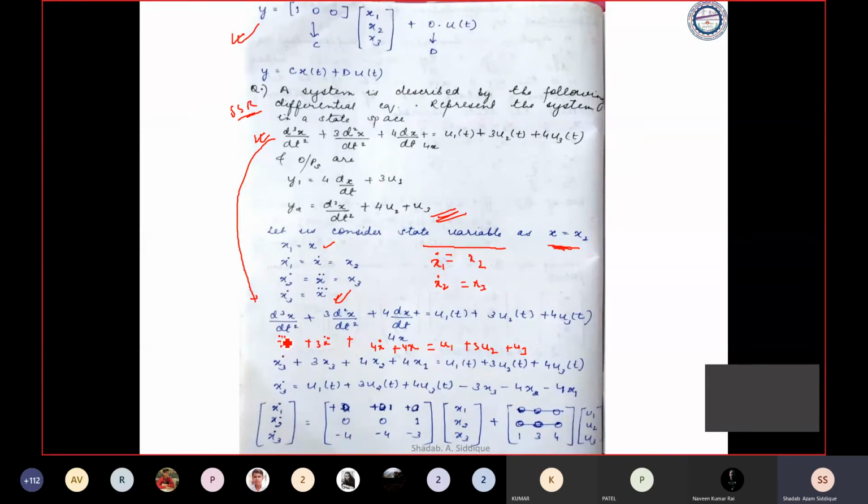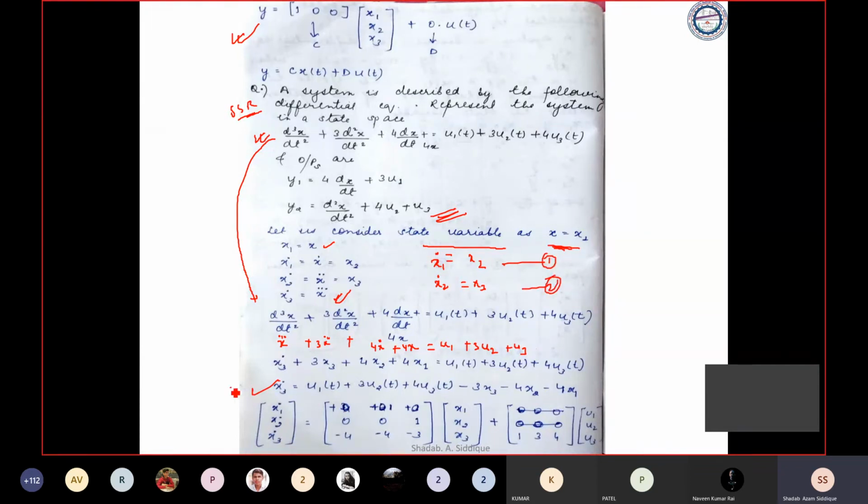Replace all these terms, take them to the right hand side. So x3 dot can be represented as minus 4x1 minus 4x2 minus 3x3, plus u1 plus 3u2 plus 4u3.